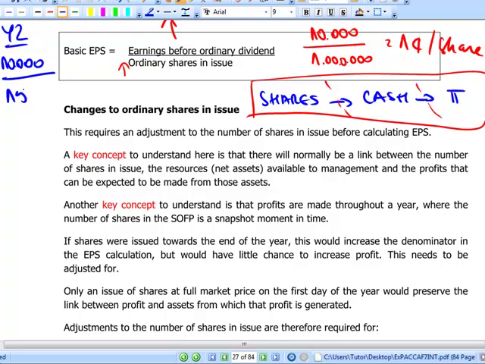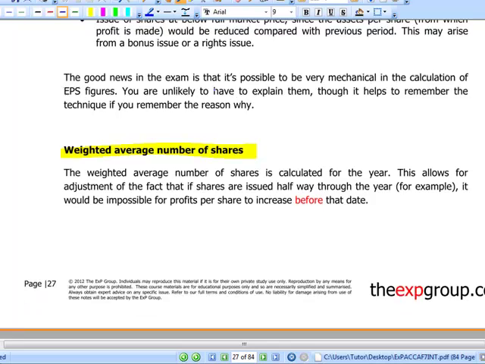If you are just calculating basic earnings per share, I now have to divide the 10,000 over 1.5 million shares, which multiplied by 100 drops us to 0.66 cents per share. If I leave it like this, the shareholder will see that in the prior year they earned 1 cent per share, but now they earn 0.66 cents per share, which is not giving a true and fair view of whatever happened during the accounting period.